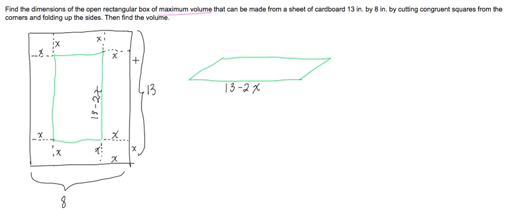Then let's do a different color here. So then we're folding up those pieces. When we actually fold up the box, those pink corners become the sides, like these 2 corners right here get taped together or glued together or something.